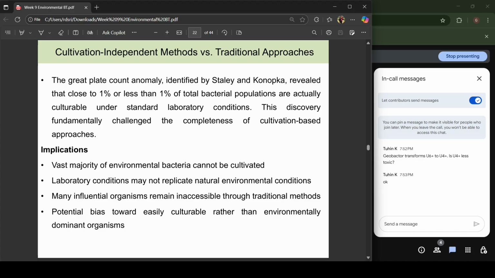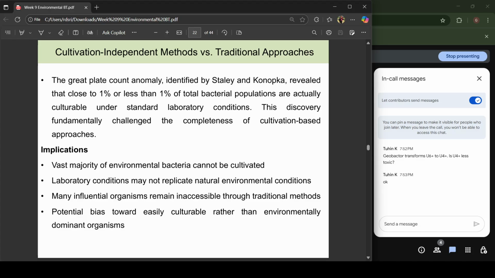Again, a repetitive slide where we talk about cultivation dependent and independent methods and traditional approaches. The main reason why we needed a shift from cultivation dependent to independent methods was because of the great plate count anomaly, which was identified by Staley and Konopka. What that anomaly states is that only less than 1% of the total bacterial population is actually culturable.